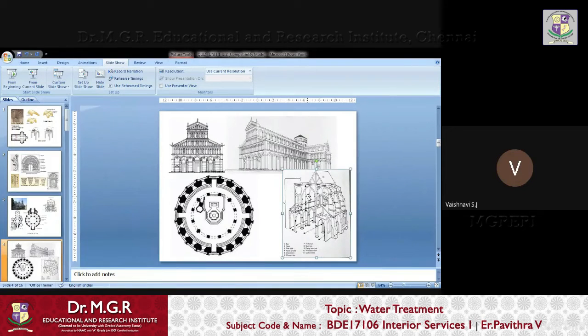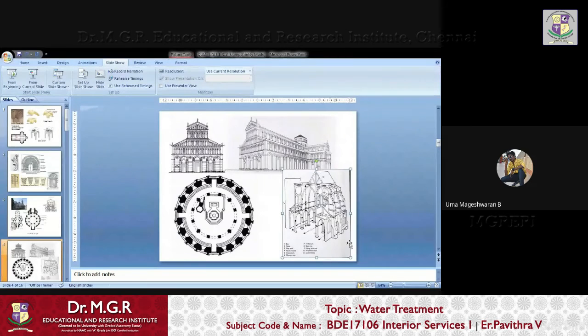This is five. Clerestory. Okay. What is number seven? This is number seven. This portion. Thorium, ma'am. No. Triforium.